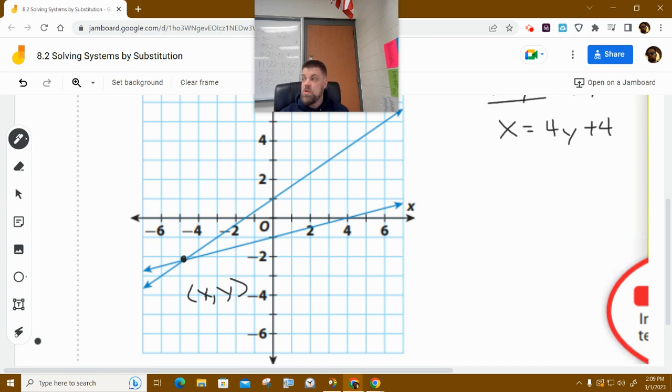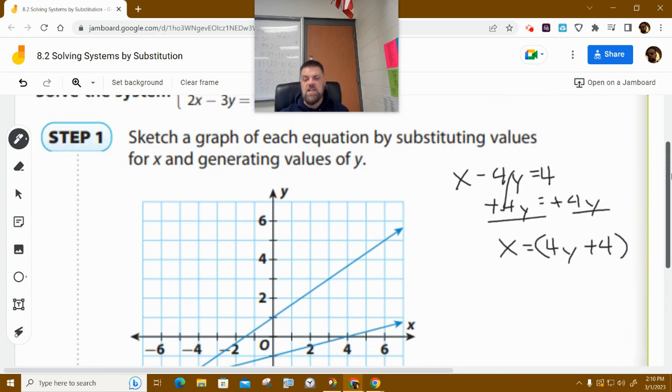And if that's true, then I get a bunch of numbers and a variable, and I can solve. Same with the y. The y value is the same at the intersection for both equations. Under that assumption, I'm going to take this x equals 4y plus 4 and plug that into the second equation.